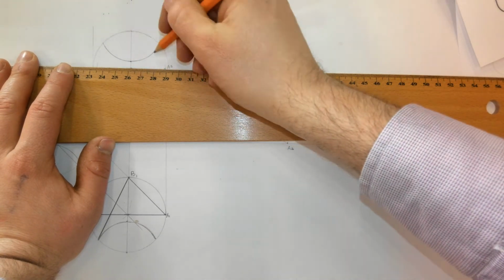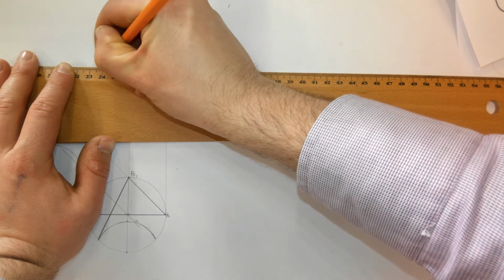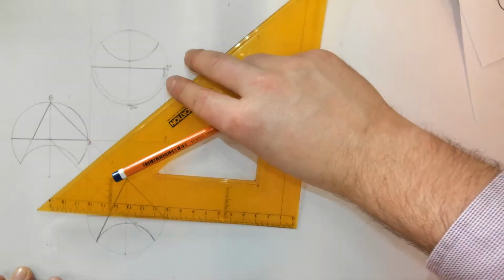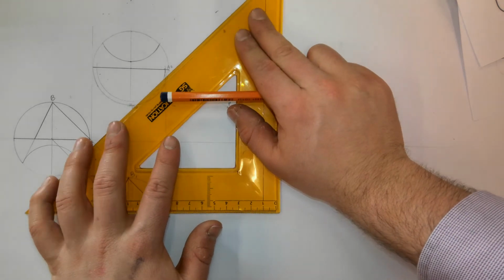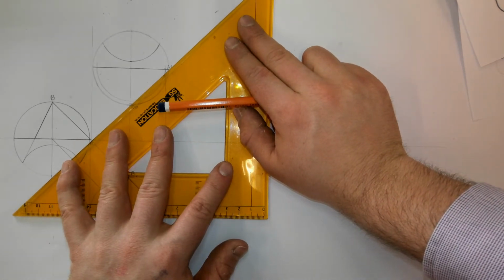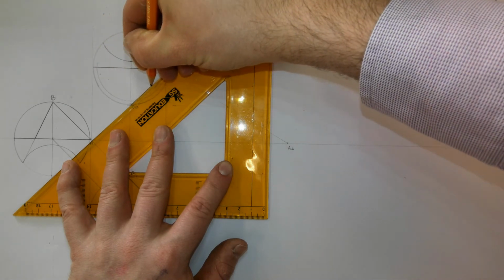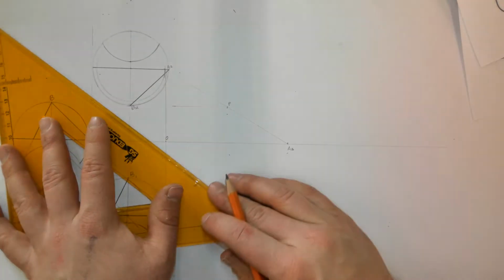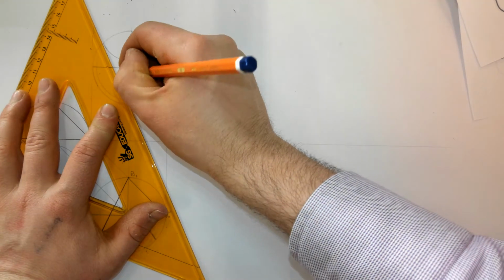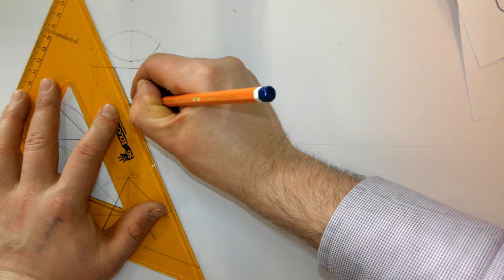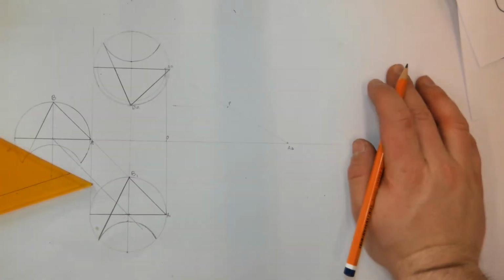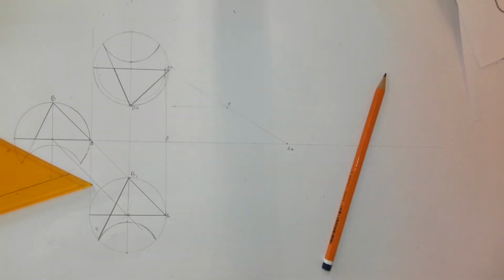So then, heavy line here. Now, can join these together. Heavy line here and light line there. Okay, I'll just fix that.